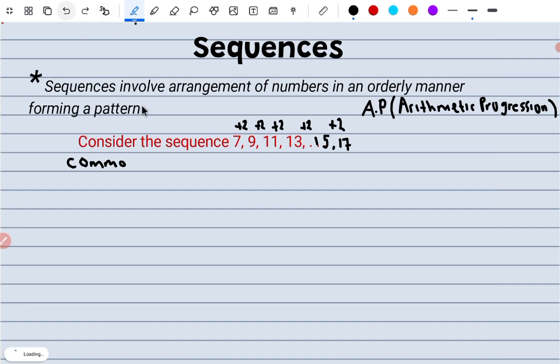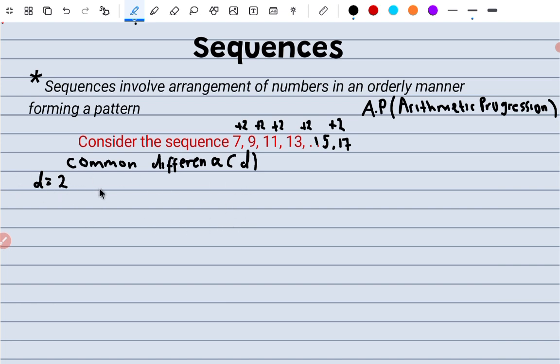It is abbreviated by the letter D. So we can say that in this case D is equal to positive 2, meaning addition of 2. Sometimes the common difference might be negative.